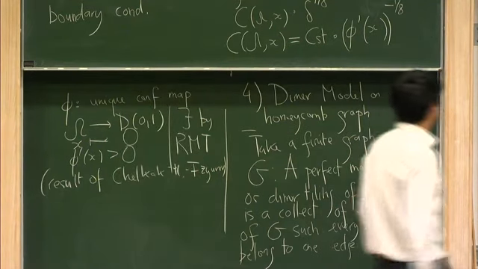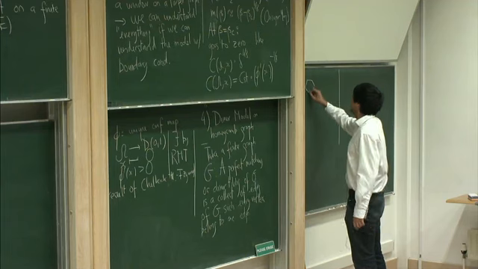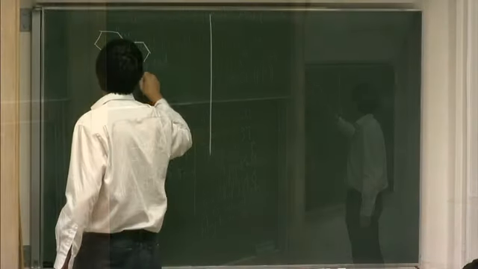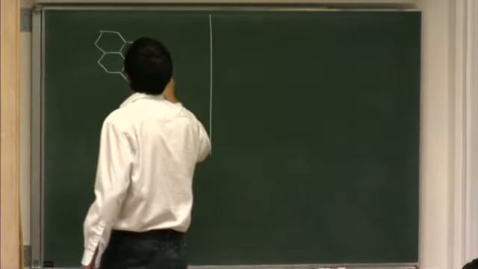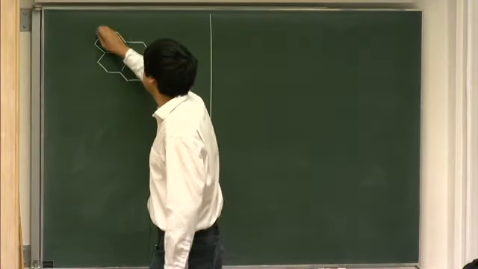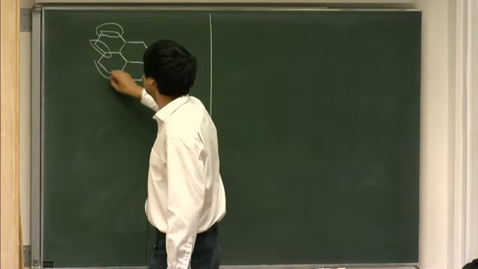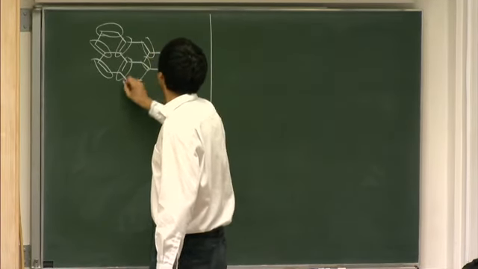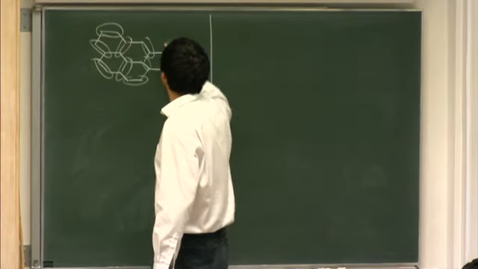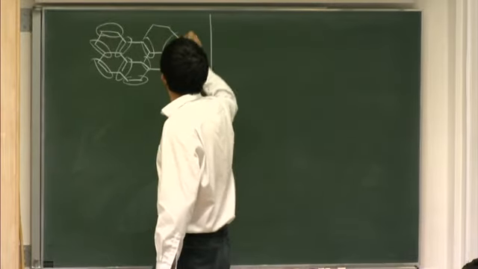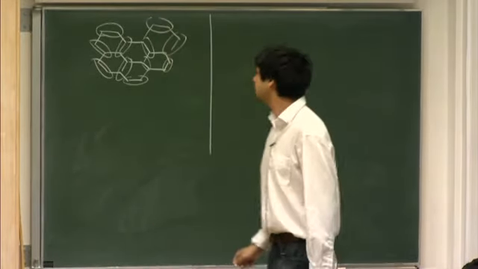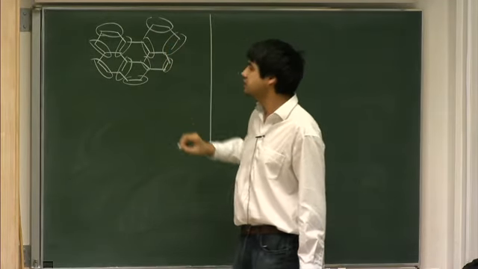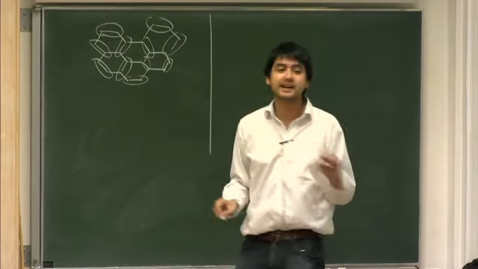Well, if I draw a graph like that, a perfect matching, dimer tiling, it's a collection of edges like that. So it's a sub-collection of the edges of the graph, such that every vertex, if I didn't make a mistake, belongs to exactly one edge.